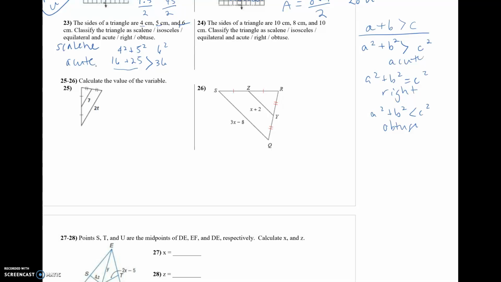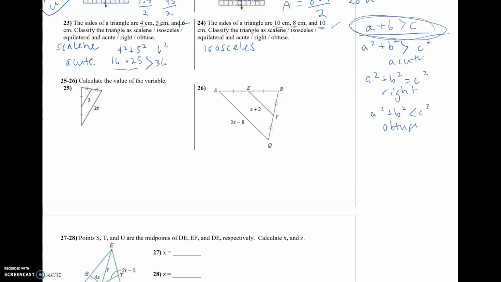24, same thing. Check the smaller 2. So 8 plus 10 definitely makes a number greater than 10. So we run it through this test: does it even make a triangle? Now, if I look, I have 2 sides that are the same, so I know that it's isosceles.